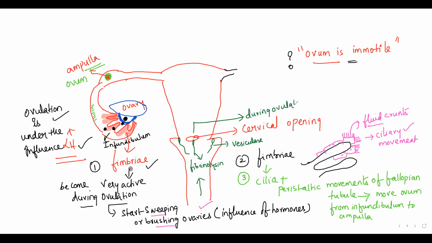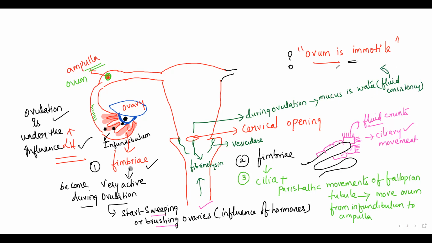So when it releases, again, during the ovulation process, this is very, very important. During the ovulation process, the mucus secreted by the cervical area is going to be very watery, or it is going to have a very fluid consistency, which is going to enable the sperms to swim.